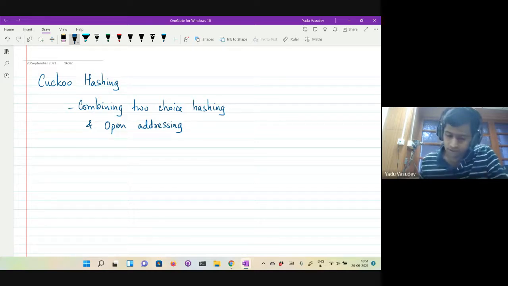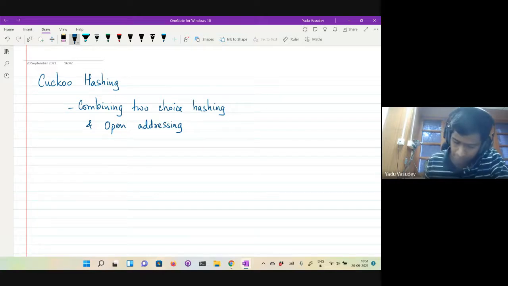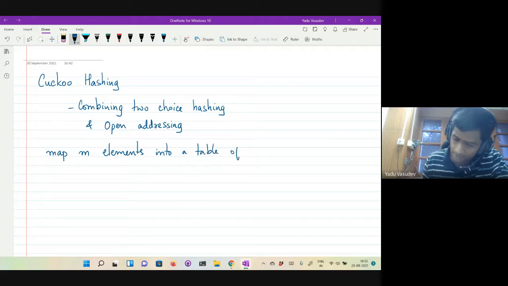And what is the idea of cuckoo hashing? So you want to map m elements into a table of size n, right?